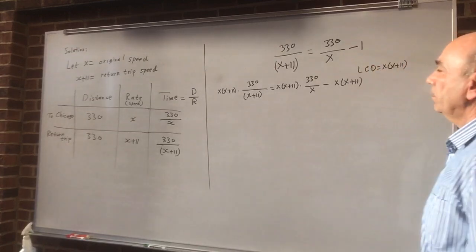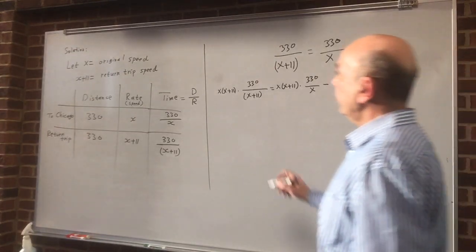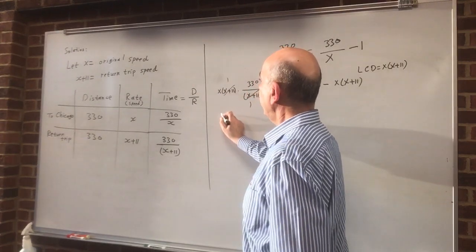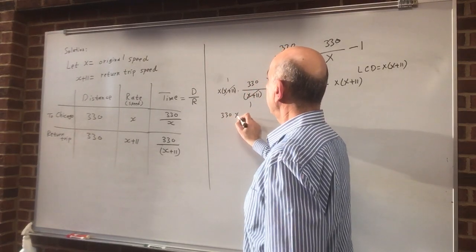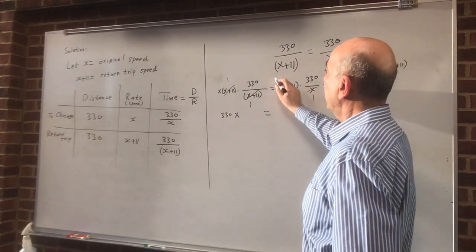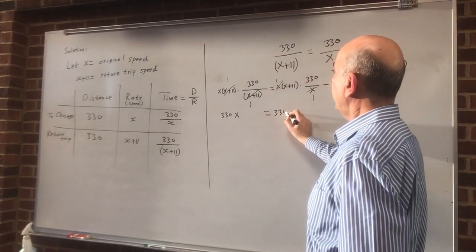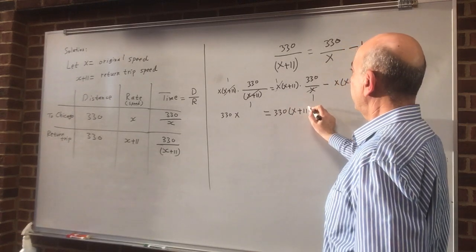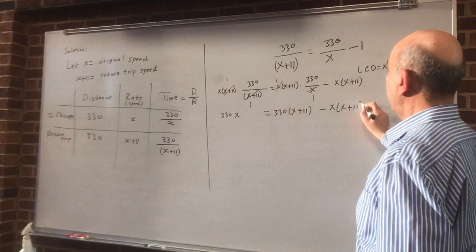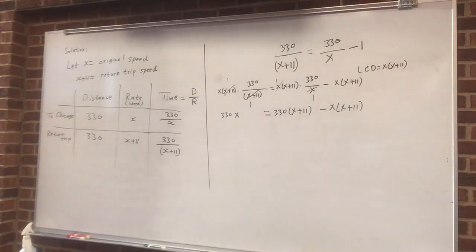Then simplify. Here x plus 11 cancels with x plus 11, so we get 330x. x cancels with x, so we get 330 times x plus 11 minus x times x plus 11. Now the equation is cleared of fractions.